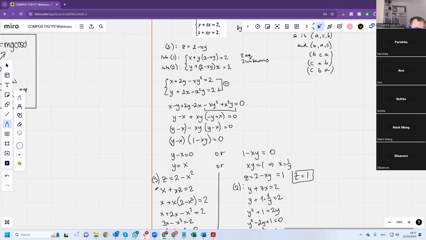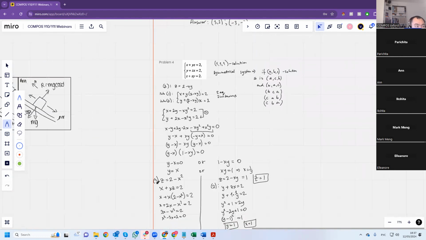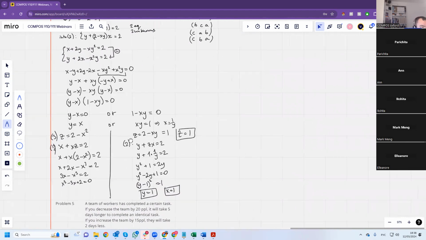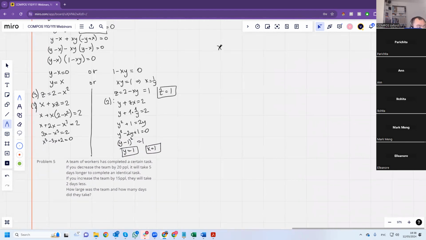Then I used the first equation. Then I used the second equation. So we're talking about 1, 2, and 3. Now I found myself where I need to solve this cubic equation, x cubed minus 3x plus 2.